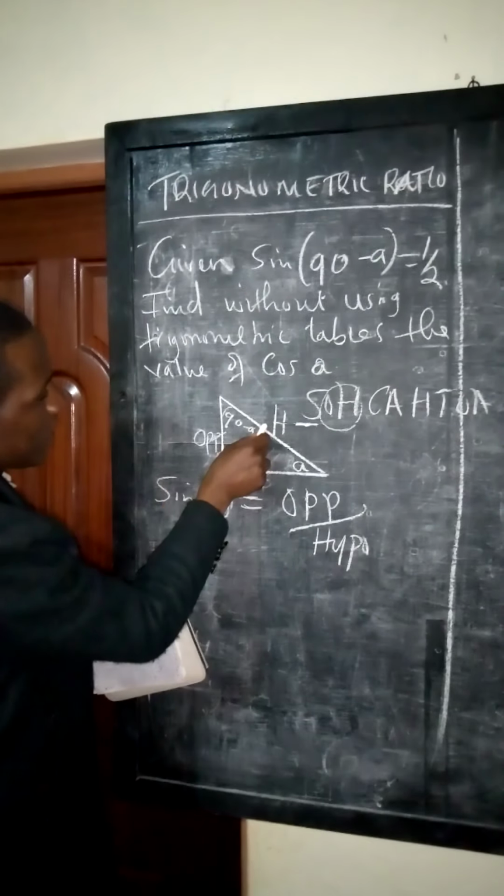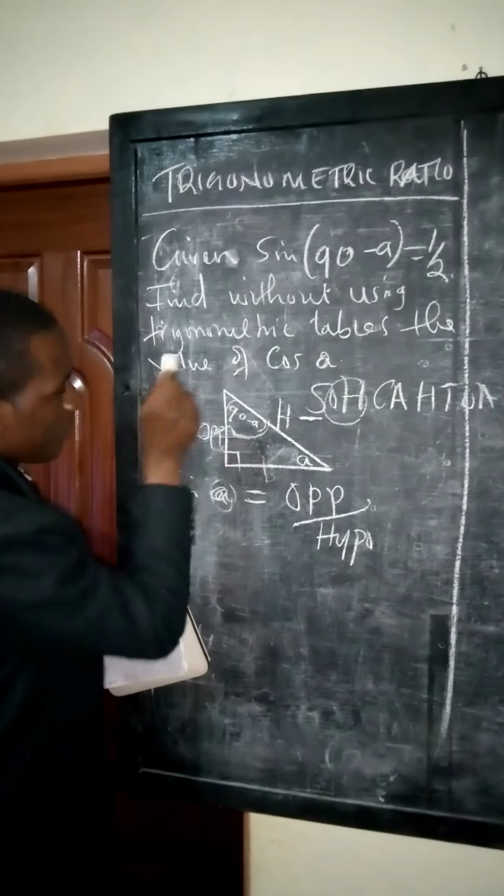So what is sin(90 minus A)? It is also opposite over hypotenuse.